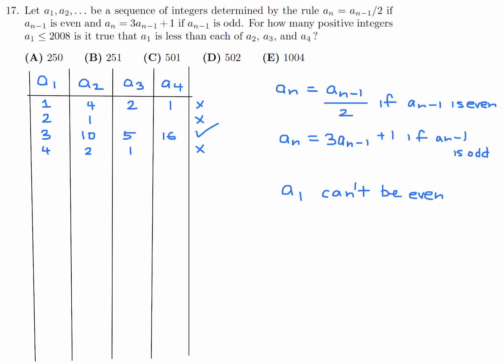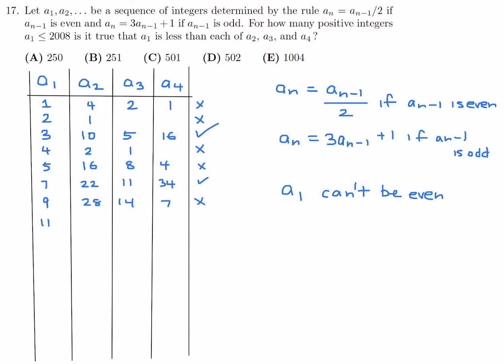All right, so let's keep going here. Let's only concentrate on the fact that it cannot be even, so let's just only do odd numbers. So I got 5. For 5, I get 16, 8, and then 4. So that doesn't work. For 7, I get 22, 11, and 34. Okay, that works. For 9, I get 28, 14, and 7.